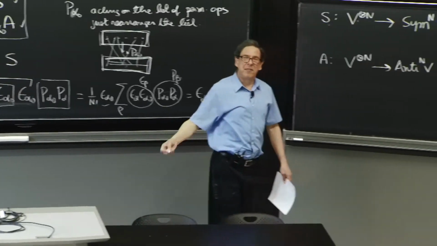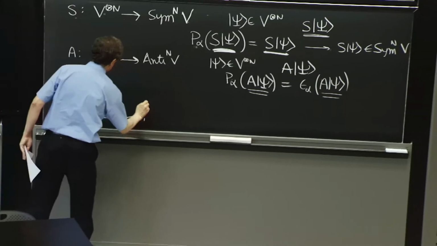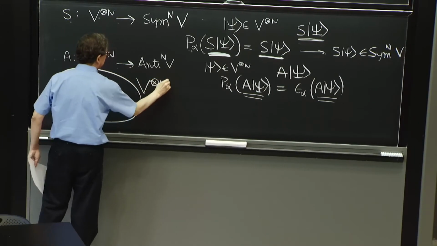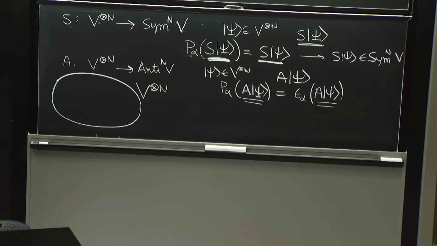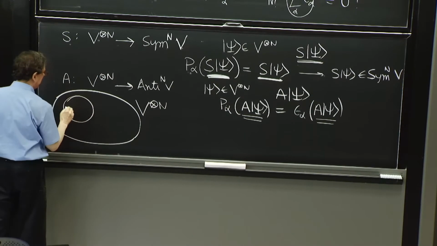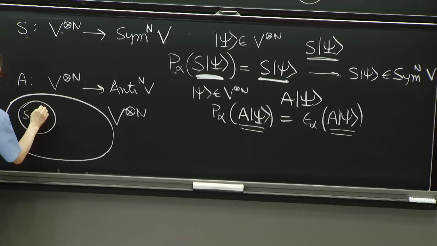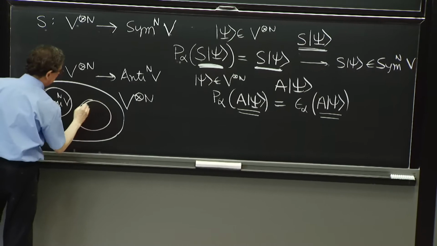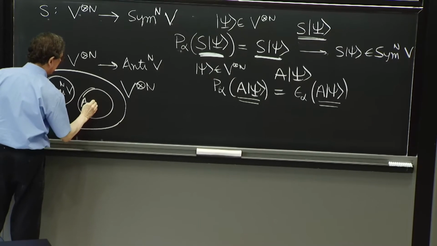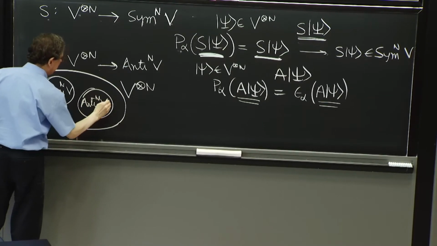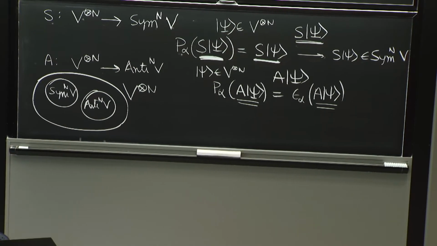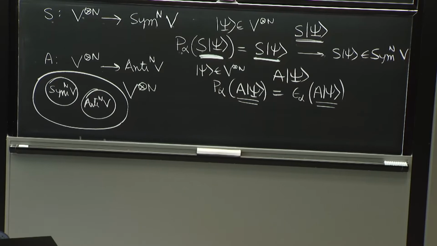If you think of the vector space V tensor n here, there's some subspace here, Sym^n V, and some subspace here, Anti^n V. And these two subspaces don't contain any common element.